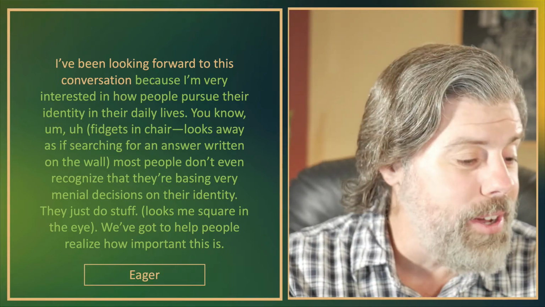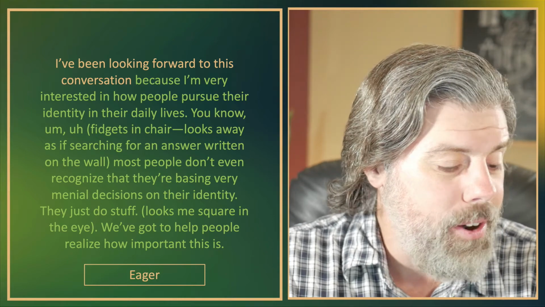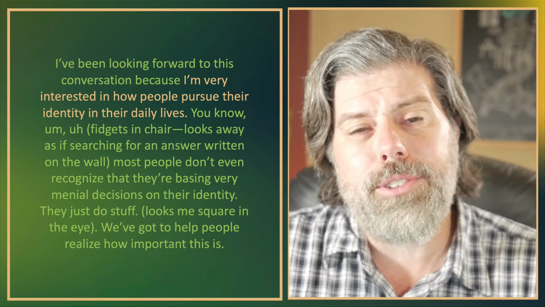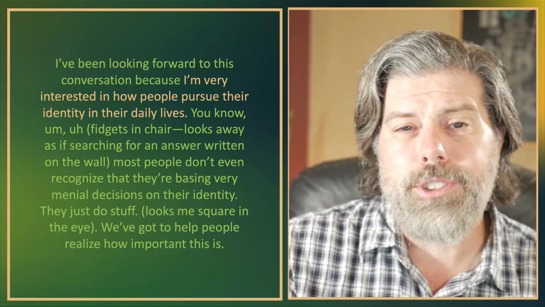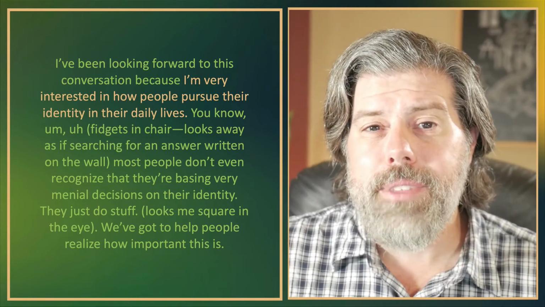So then I'm going to look at the second part, "because I'm very interested in how people pursue their identity in their daily lives." Well, that stands out to me too. And what I want to do is compare it to the first code. Does this seem like they're still talking about eager, or does it seem like they're talking about something different?